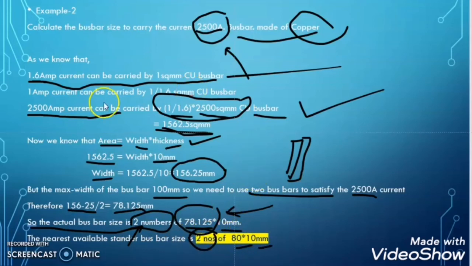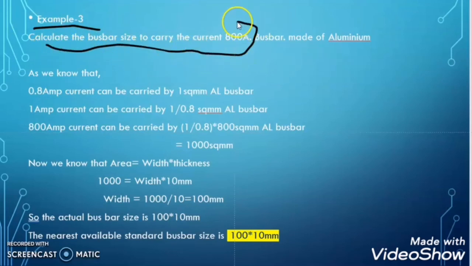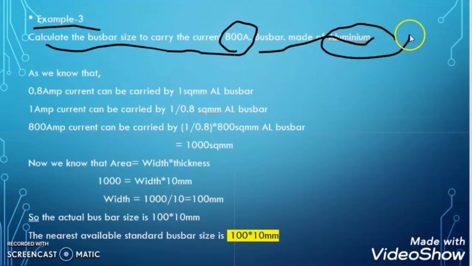Hope you understand the bus bar size calculation. To have a very clear idea, let us take the third and last example. Our last example is to calculate the bus bar size to carry 800 ampere of current, and this time the bus bar is made of aluminium. As the bus bar is made of aluminium, our focus will be on the aluminium current carrying rating.